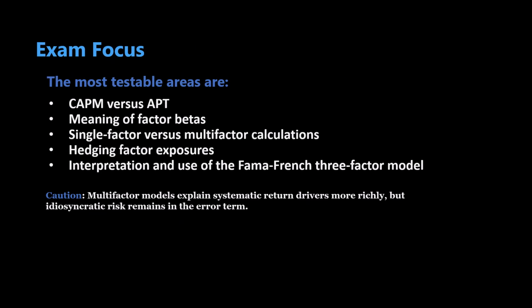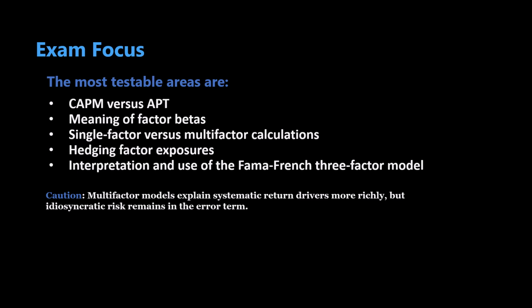Let's begin with the most testable parts of the topic. The first is CAPM versus APT. You must know not just that the CAPM has one factor and APT has many, but also why that difference matters. The second is the meaning of factor betas. A factor beta tells you how sensitive an asset is to a particular systematic factor.